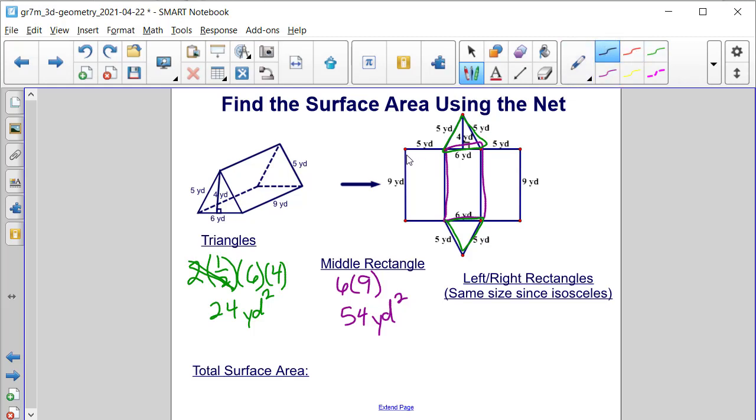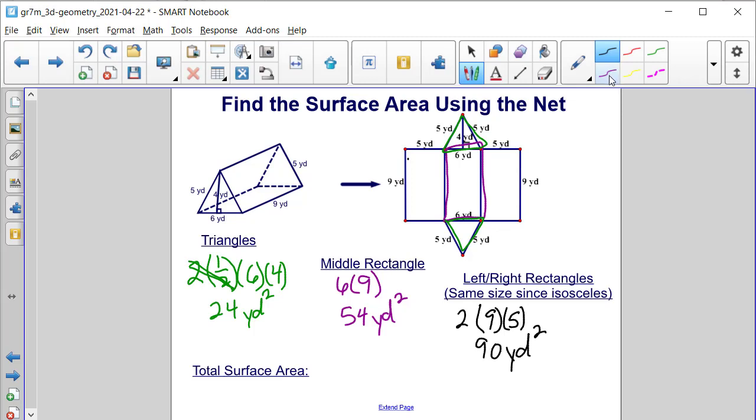And then we have this left rectangle and this right rectangle. They are the same size because, again, we have an isosceles triangle as the base. So we have 2 rectangles, and both of their lengths are 9, and both of their widths are 5. And if we multiply 2 times 9 times 5, we get 90 square yards.